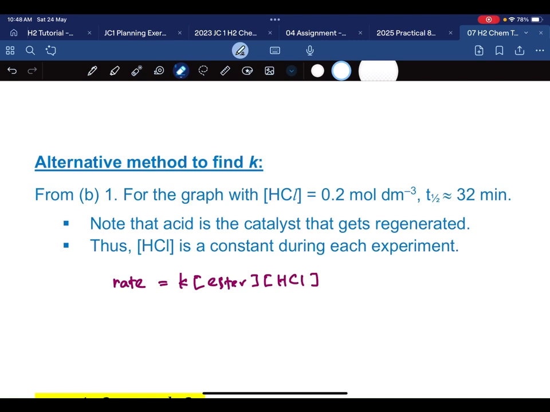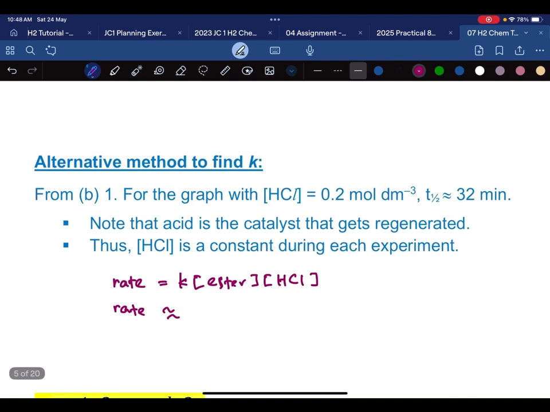It is a constant during the experiment. So we can simplify our rate equation to look something like this, where it is K prime times concentration of ester, where K prime is K times concentration of HCl, and this is our constant value.